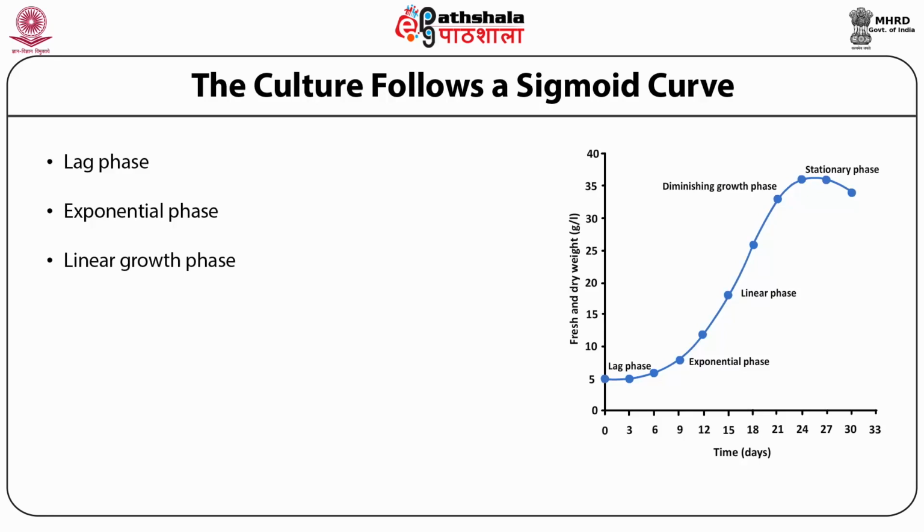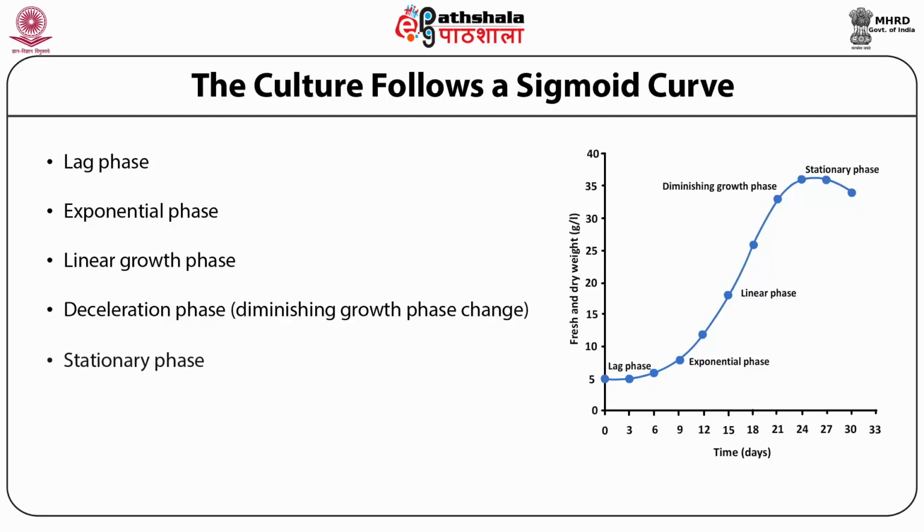Thereafter, it is the deceleration phase, that is when the growth starts declining. And then the last is the stationary phase. Now, in the stationary phase, the cell number and volume become constant.